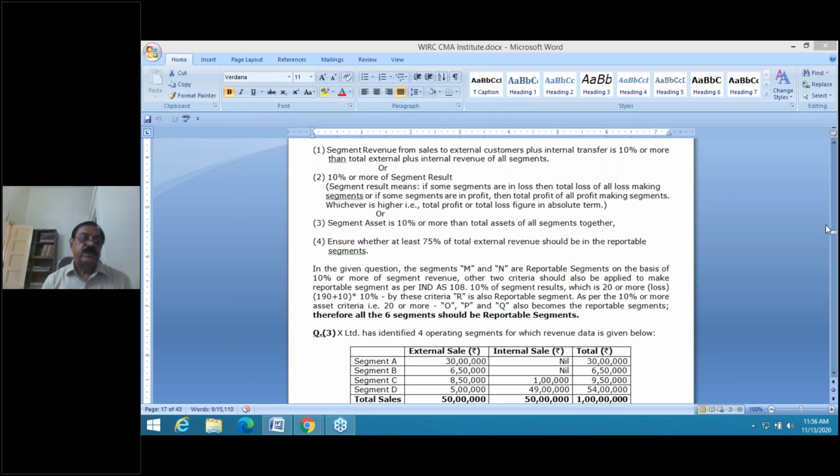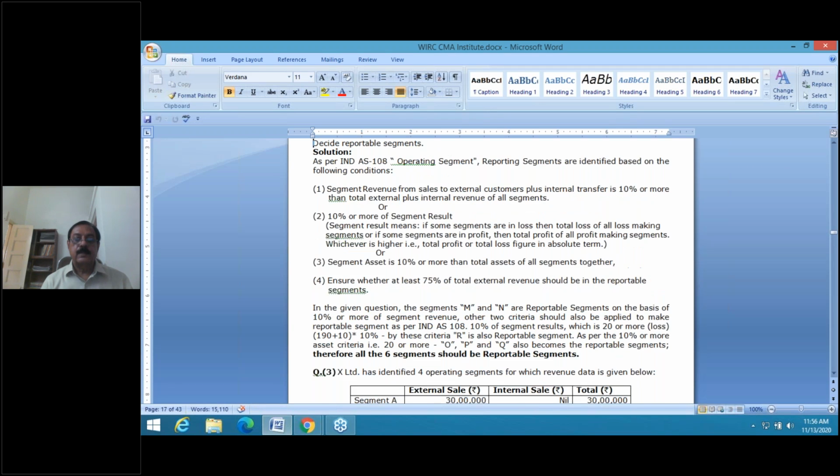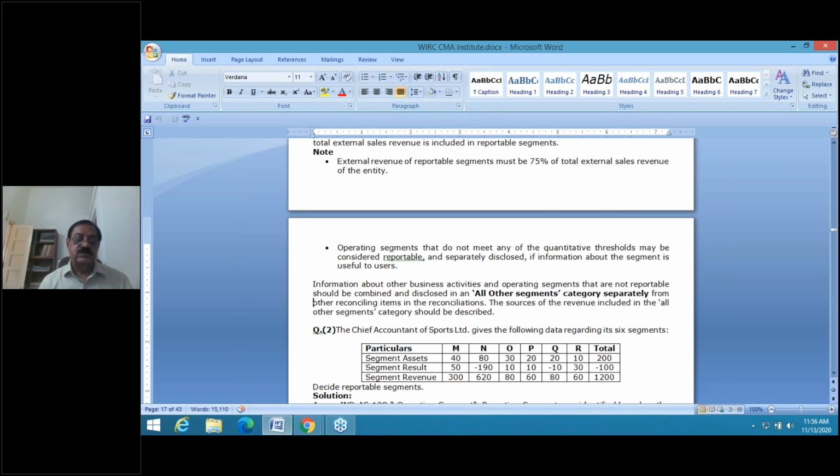R is also reportable on results. Yes, R is also reportable. So that's why I said so. As far as results are concerned, M, N, and then comes R. The 3.